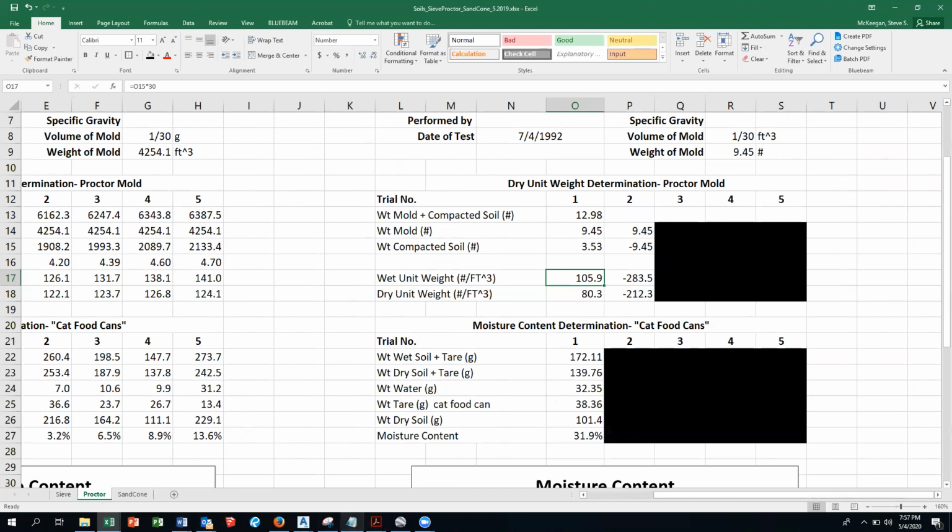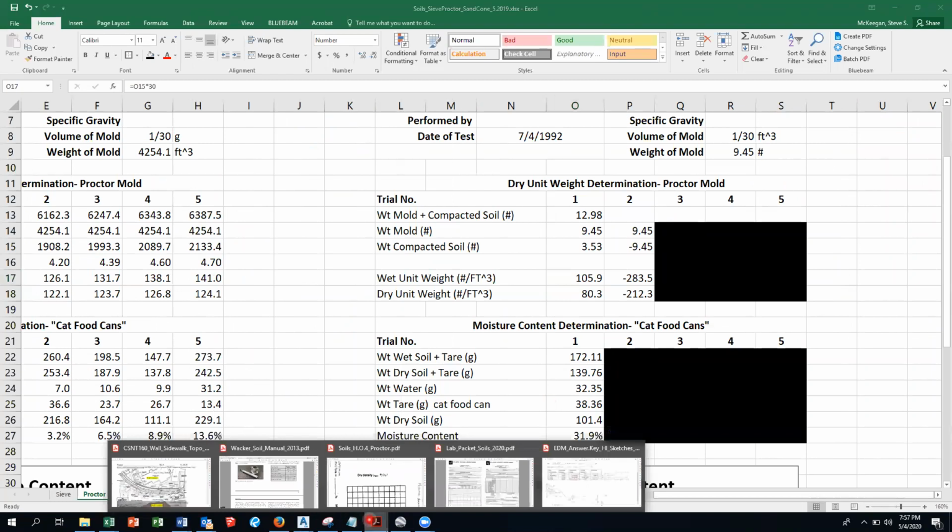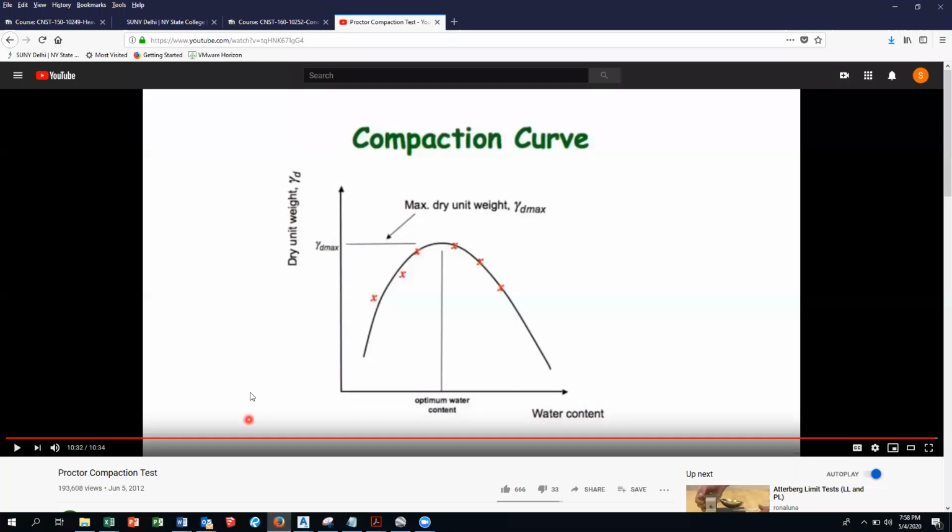So here are the handouts that are going to help you understand this. These are on Vanco now. So let's go back and show you where on Vanco it is.